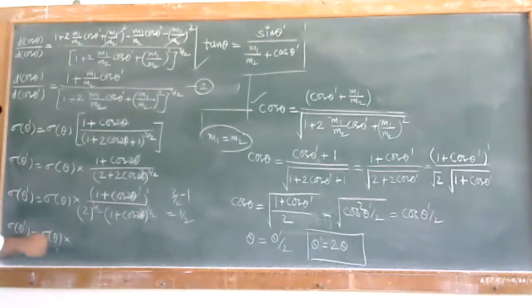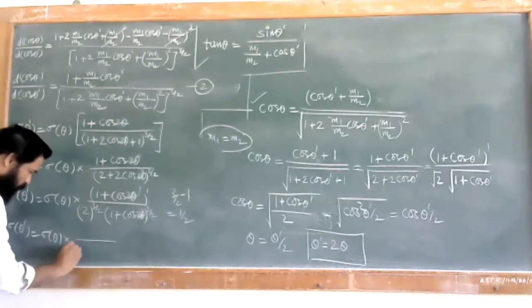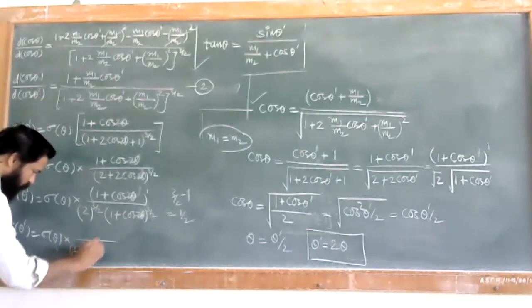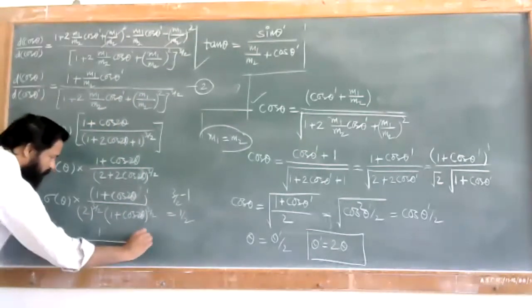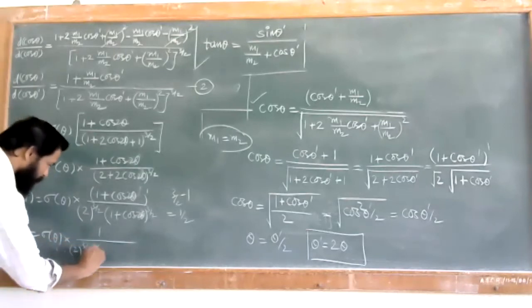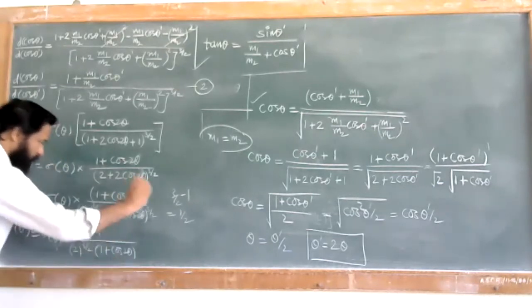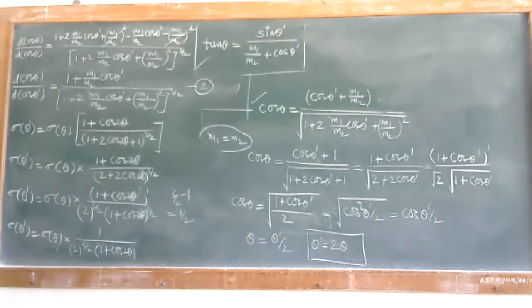So you can have this term that comes out to be sigma theta into 2 raised to 3 by 2, and so this is 1 divided by 1 plus cos of 2 theta. So this is 1 plus cos of 2 theta, and so what is that value?